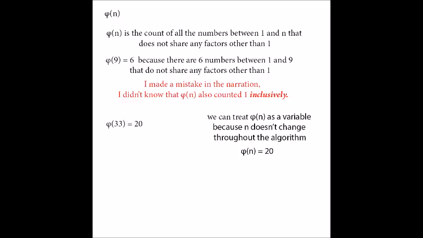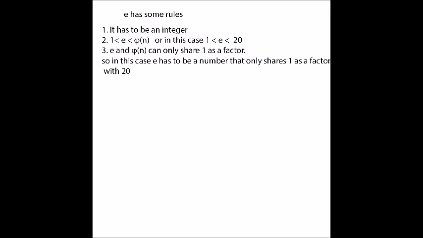Once you get phi of n, to calculate our exponent, which is going to be e, the exponent has to be an integer, and it has to be greater than 1 but less than phi of n. That's the first part of calculating e. It also has to have a greatest common divisor with phi of n of 1.